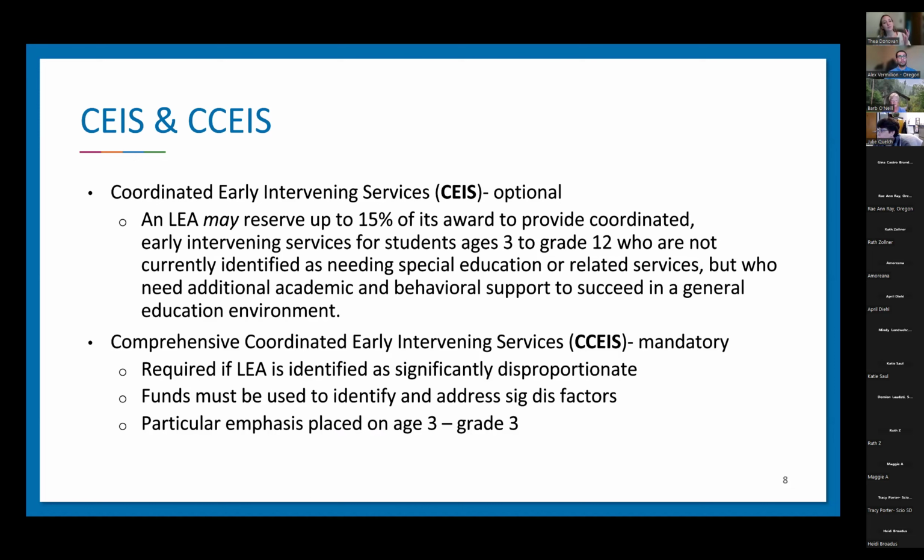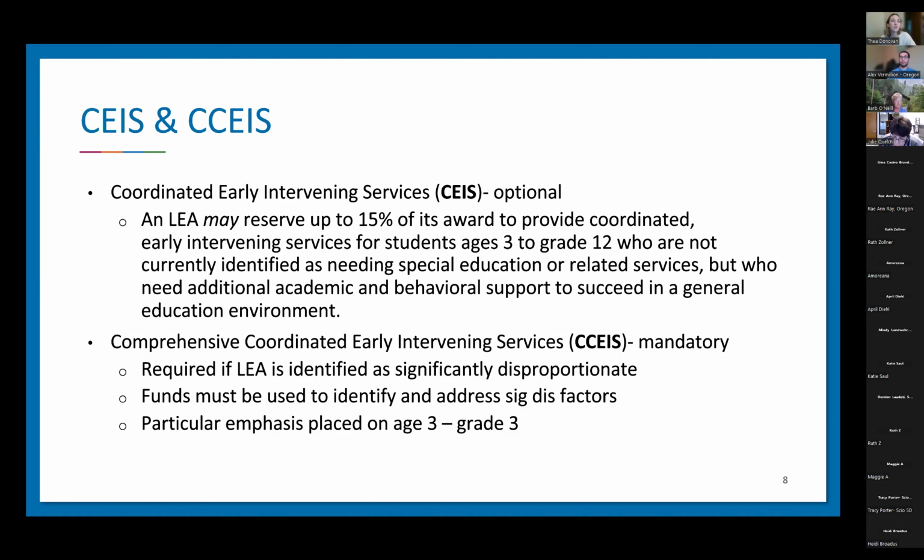For CEIS, that bucket of funding, an LEA may reserve up to, and it says may there, highlighted, 15% of its total award to provide coordinated early intervening services for students ages 3 to grade 12 who are not currently identified as needing special education or related services, but who need additional academic and behavioral support to succeed in a gen ed environment.